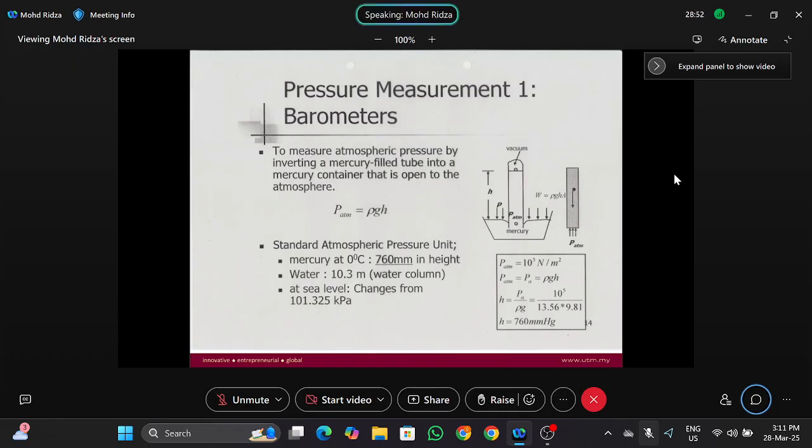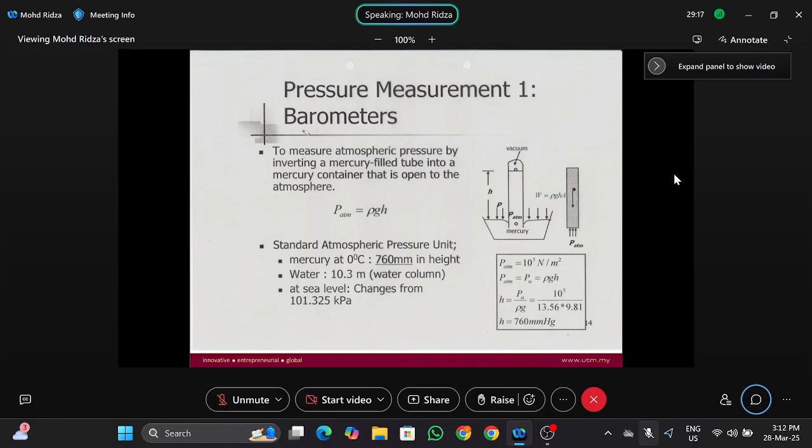Okay, this is a barometer. What is a barometer used for? It is for measuring atmospheric pressure. So if you have this barometer, you just bring it outside, and from there you can calculate the atmospheric pressure at your place.